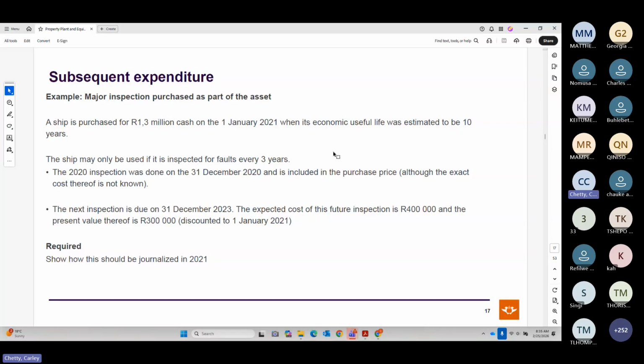The next inspection is due on 31 December 2023. The expected cost of this future inspection is 400,000 Rand, and the present value thereof is 300,000 Rand, discounted to 1 Jan 2021. Show how this would be journalized in 2021.